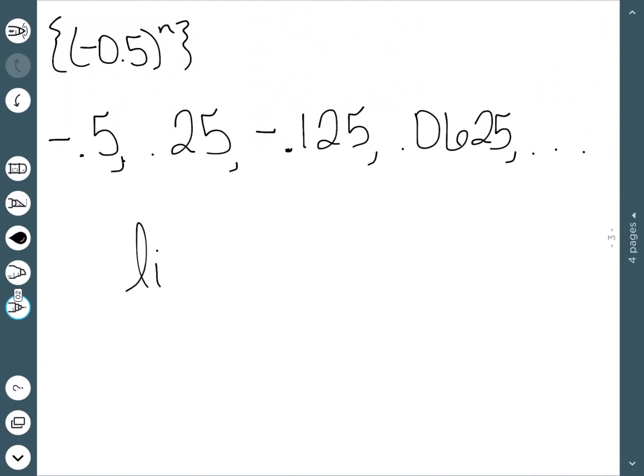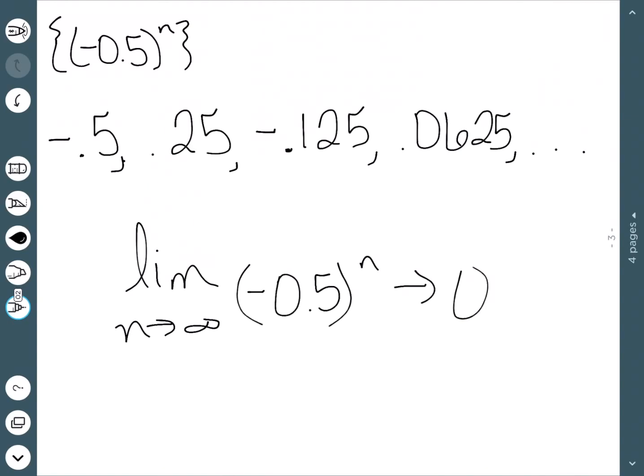However, the limit of this thing is still approaching 0. While it does oscillate between positive and negative, it's still approaching 0. I start down here, I move up, down, but every time I stay closer and closer to the axis. So the limit is still 0.